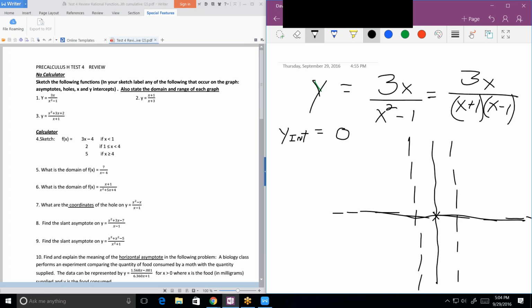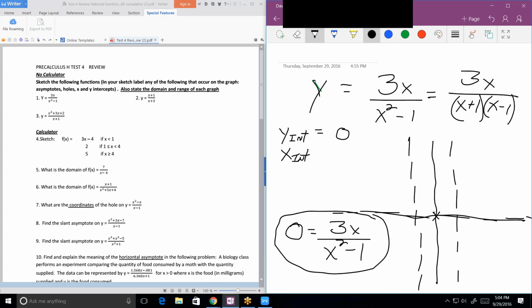Okay. Now how do we get the x-intercept? Set y equal to 0. Correct. So now we have to solve the equation 0 equals 3x over x squared minus 1. What causes that to be 0? x equals 0 is the answer, but one of the key things that's not immediately obvious when you have a rational quotient is that if the rational quotient is equal to 0, then the numerator has to be 0.